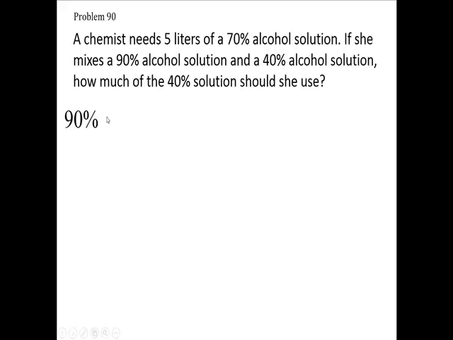So we're going to have 90% of X. And then we're going to have some 40% solution. We're going to mix in 40% of, now, what goes here? Well, you originally had 5 liters. Of that 5 liters, the total is 5, but X comes out of that, because you used up X liters. Of the 5, you used up X, and what's left goes here.